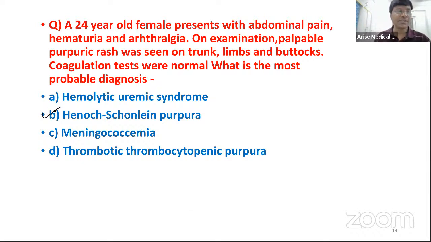Right. So the clinical diagnosis, very good, in this case is Henoch-Schonlein purpura. Now, remember, Henoch-Schonlein purpura is a small vessel vasculitis.